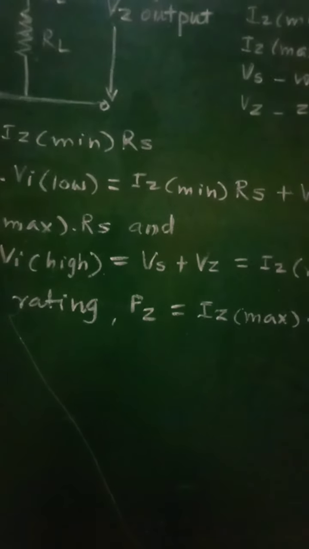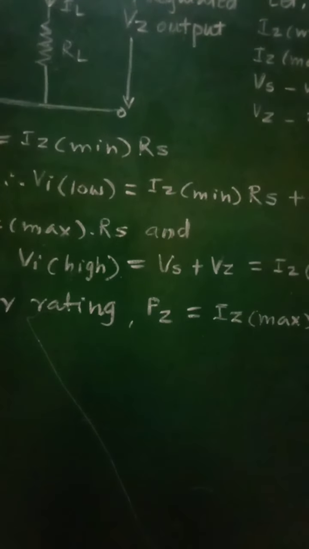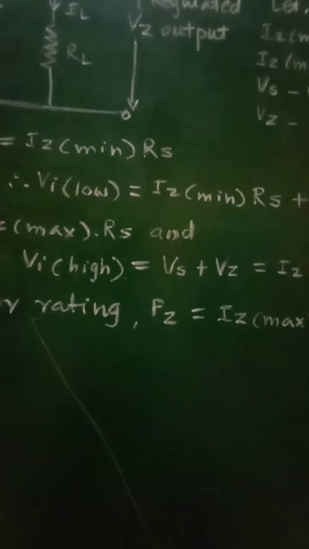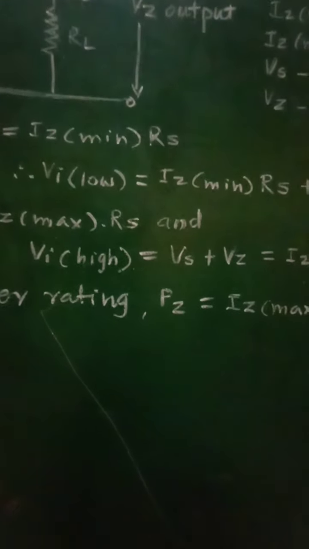If the current exceeds that Iz max, then the Zener diode gets damaged due to heating.